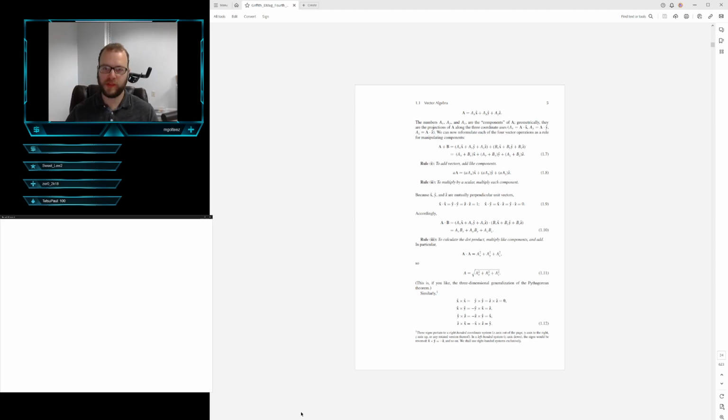So our resulting vector is a unit length. What direction is it pointing in? Well, if we have x hat and y hat, x hat curled into y hat is equal to z hat. Y hat curled into z hat is x hat. And z hat curled into x hat is y hat.